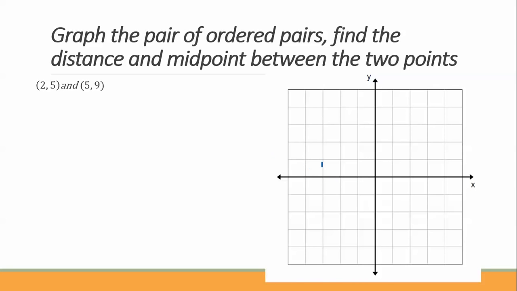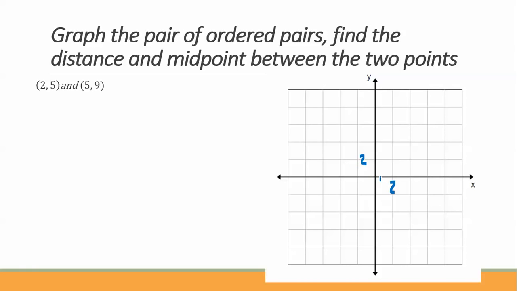So for 2, 5, we count over 2, 1, 2, and up 5, 1, 2, 3, 4, 5. But we're going to have a problem because we have to go up to 9 over here. So our increment here is, let's make it 2 instead of 1s.